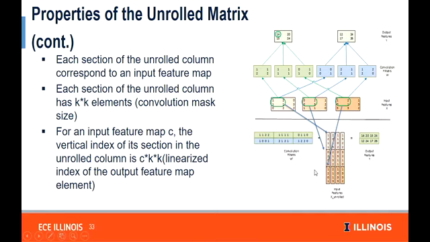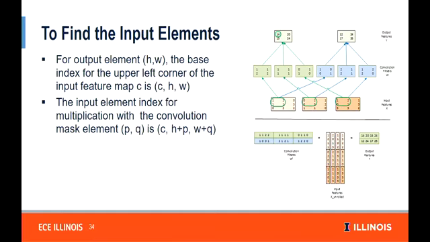So this gives us a way to find, for any input feature map with index C, channel C, the beginning index of that little section in the vertical direction. Okay, in the vertical direction. Still good? Okay, now.